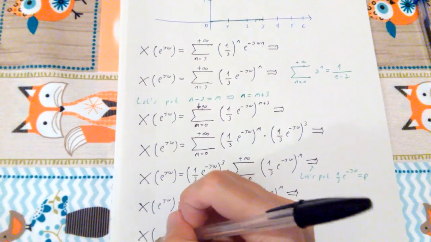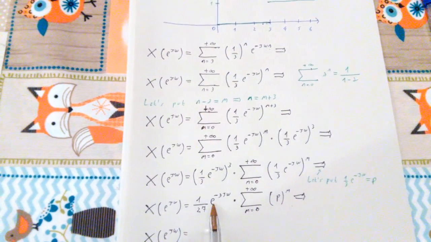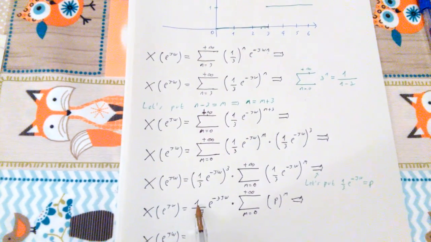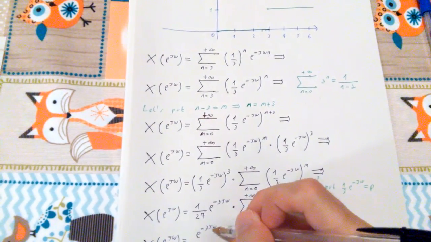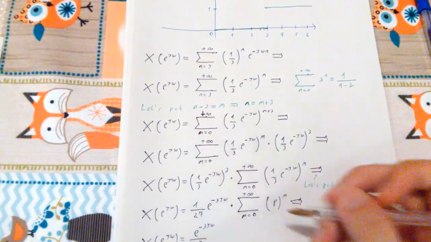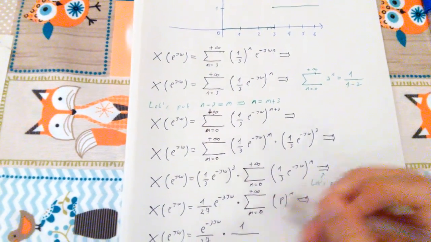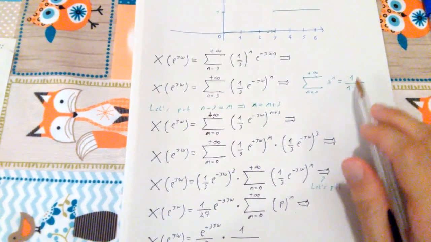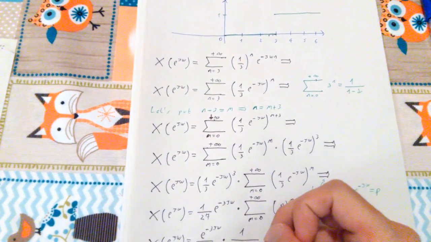So X of e to the j omega, right now I'm just multiplying, bringing this e here, e to the negative 3j omega over 27 times, well, what do we have here? We are applying the formula 1 over 1 minus p.